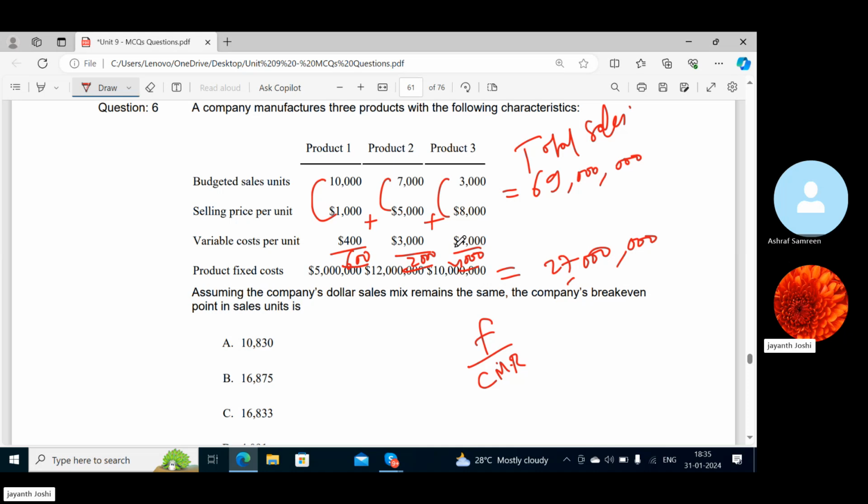Right. Now what we need to do, we need to multiply the unit contribution margins with budgeted sales units to find out the total contribution in dollars.